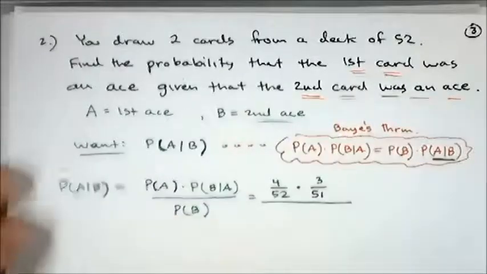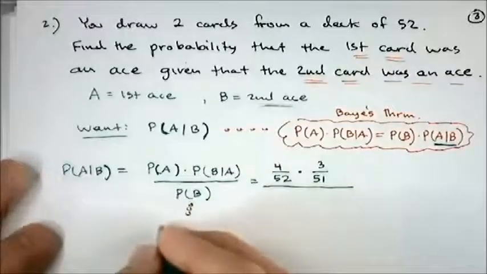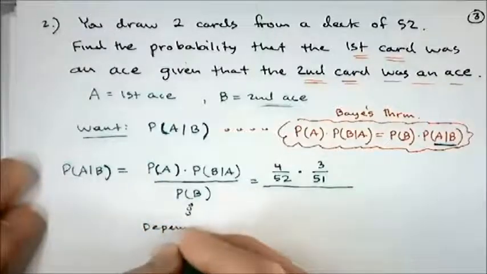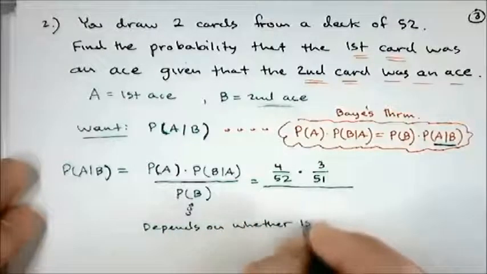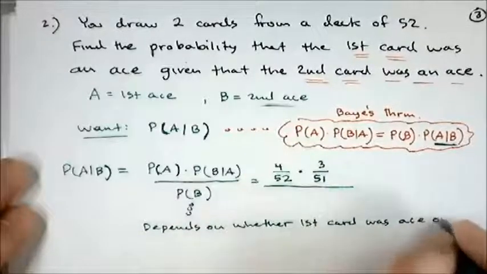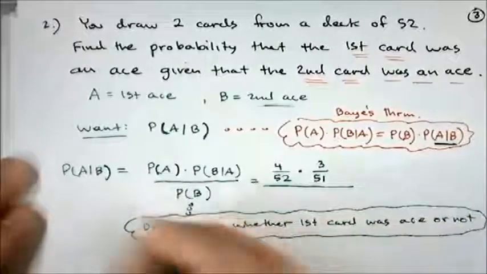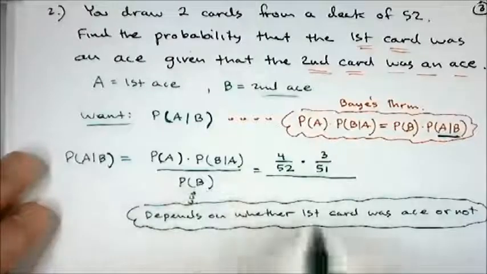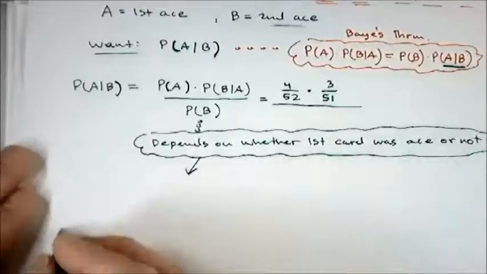So this depends on whether the first card was an ace or not, and you would need to consider that. What I'm seeing here is there are two situations where my second card could have been an ace. It depends whether my first card was an ace or it wasn't. So to answer this question, I'm seeing a tree diagram.